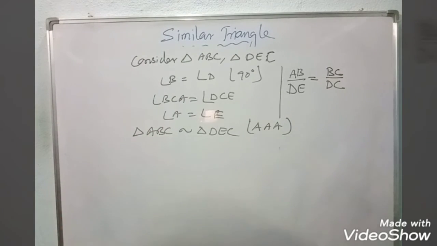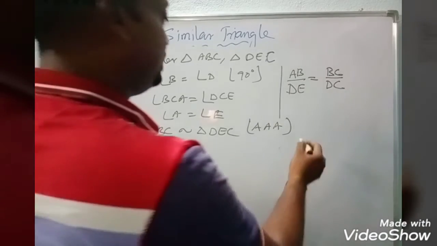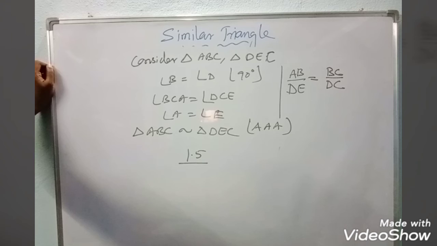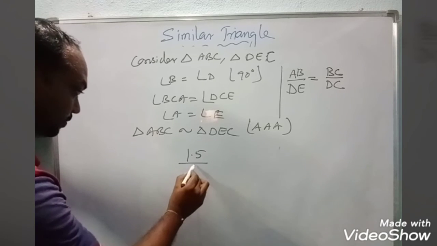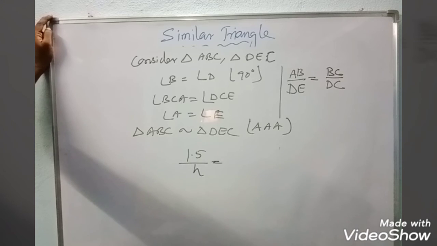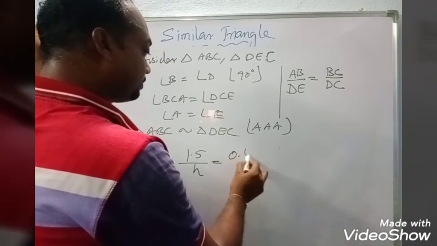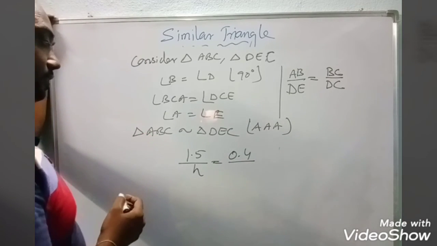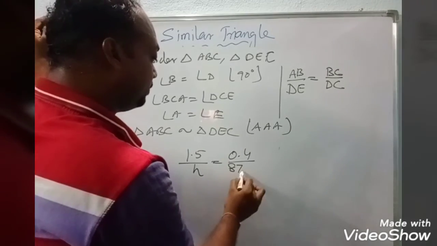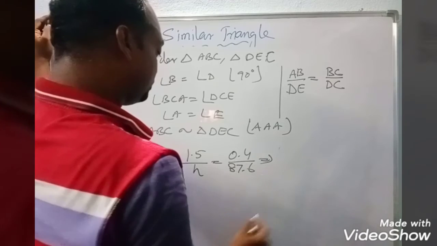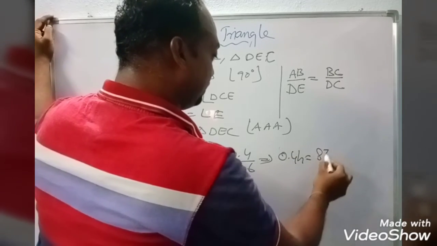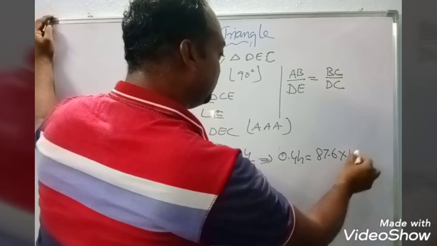Now here AB is given as 1.5 meter, that is 1.5 divided by DE, which is not given, so we are assuming it as H, and BC is given as 0.4 meter divided by DC, which is given as 87.6 meter. Now cross multiply. If I cross multiply, you will get 0.4H is equal to 87.6 into 1.5.